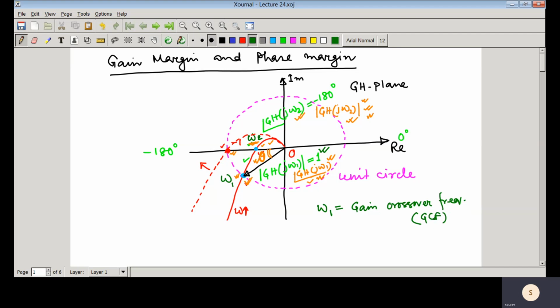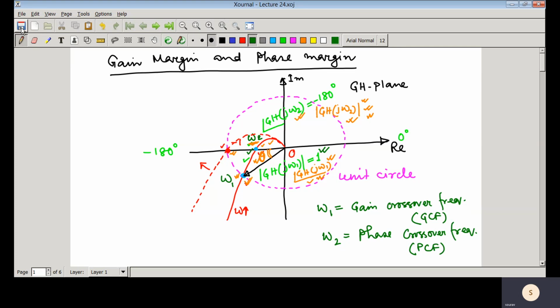That means the frequency where the gain is equal to 1 is the gain crossover frequency, and omega 2 is called the phase crossover frequency. That is the frequency where the phase is equal to minus 180 degrees. So this is that point, and this is abbreviated as PCF.